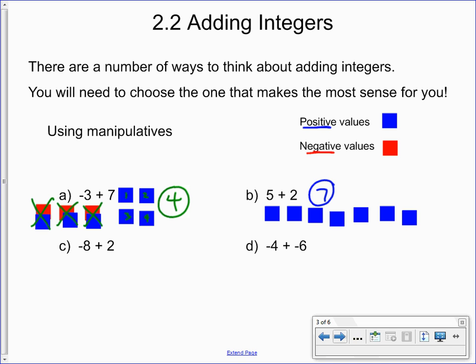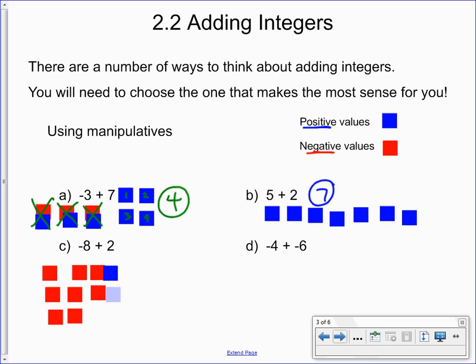The next problem has a negative 8 plus 2. So I need to have 8 negative values. Okay, and I'm going to add to that 2 positive values.